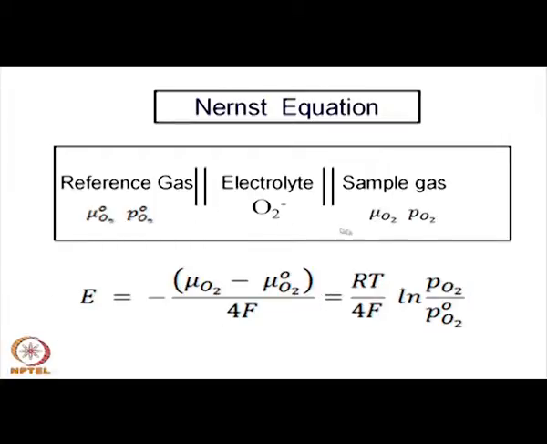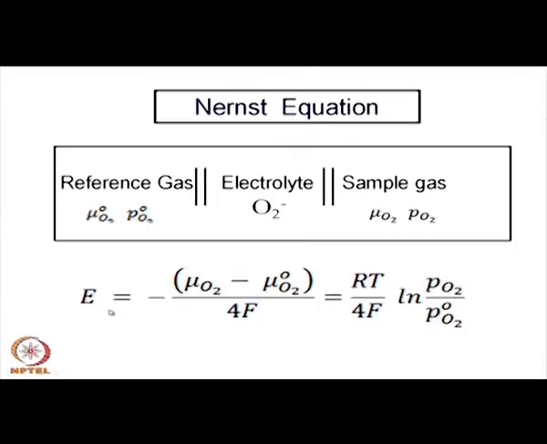By constructing an electrochemical cell, that will generate an EMF, and that can be measured quite easily, the electromotive force generated out of this cell. If all others are known, the temperature of the cell has to be known and these are constants, so if one knows this value, then this can be determined.